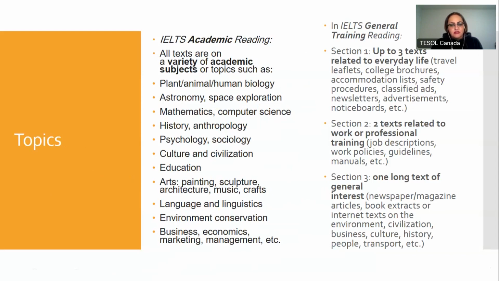And section 3 is a text of general interest, like newspaper or magazine articles, or book extracts, talking about environment, business, culture, history, people, and transportation. In other words, academic reading topics are mostly around academic subjects, and general around general subjects like newspapers and magazines.